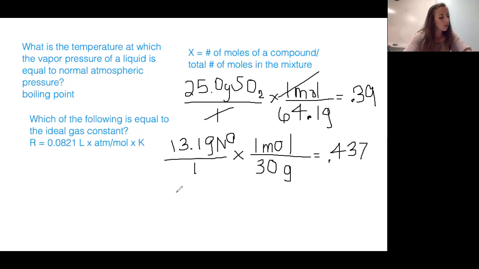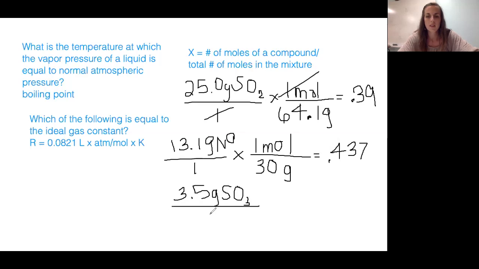Last one, we're going to do 3.5 grams of SO3. 1 mole's going on top because I'm going to moles.